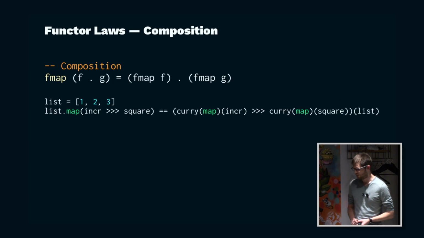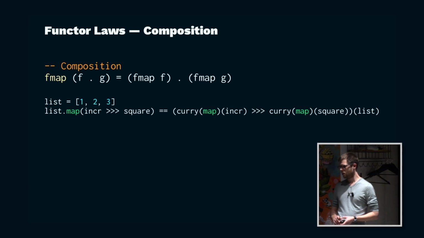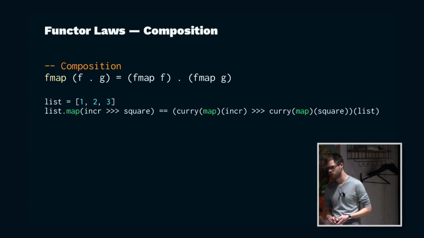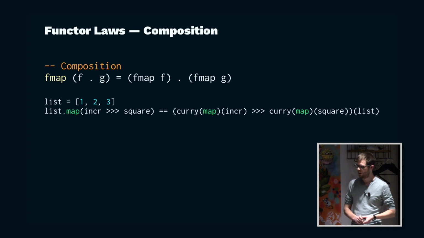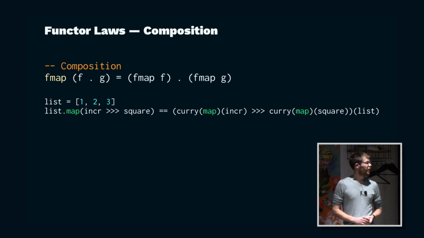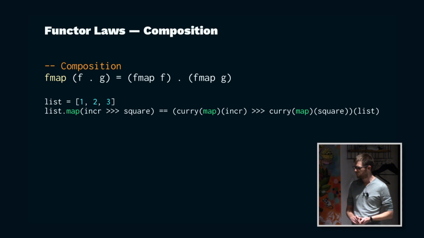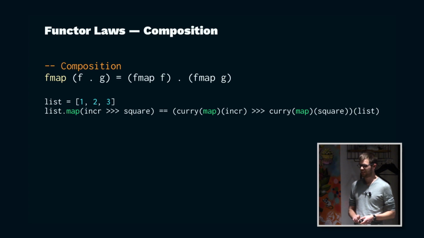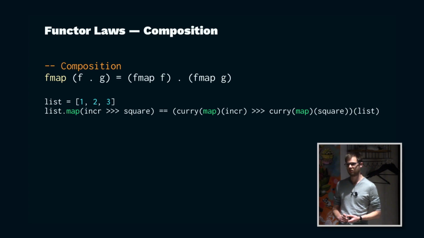And this one's going to be a little bit harder. This is composition. In Haskell, the dot is function composition. So it basically means that the return value of f is the input value of g, and that becomes a new function. I've defined it here as the arrow operator, or the forward compose operator, because Swift doesn't let us use the dot, probably for good reason, because it would get really confusing in Swift.